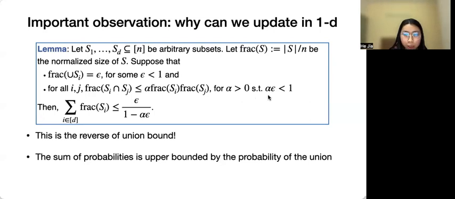For example, we can make alpha epsilon equal to 1/2, then the denominator equals 1/2. So the right-hand side is 2 epsilon. The conclusion is just that the sum of the fractions of Si is bounded by 2 epsilon, by a constant times epsilon.